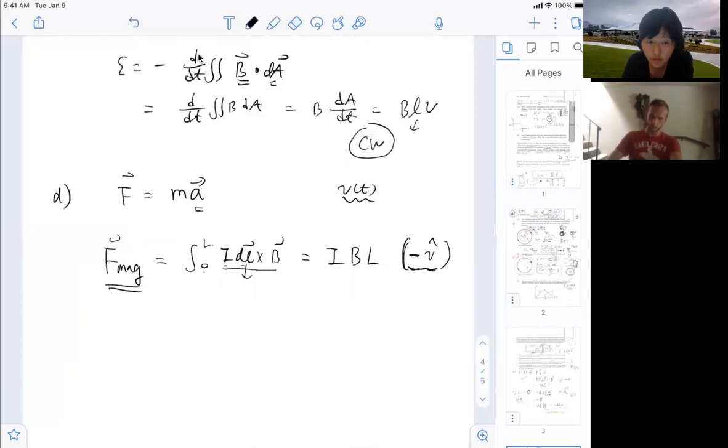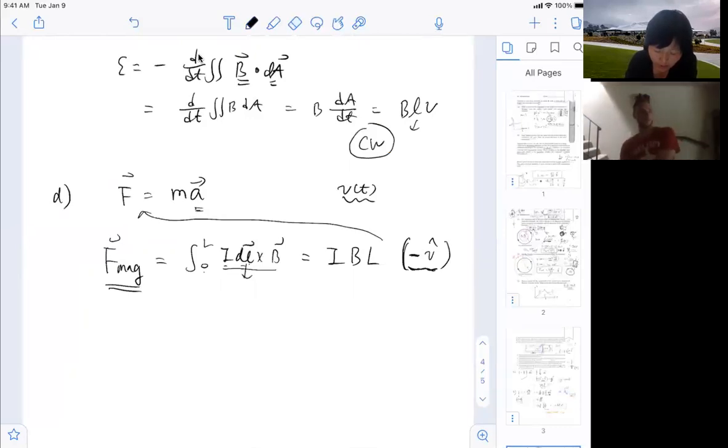Your force is always opposing the change in flux. So if you plug this into your equation, you get negative BLI v hat is equal to m dv/dt.